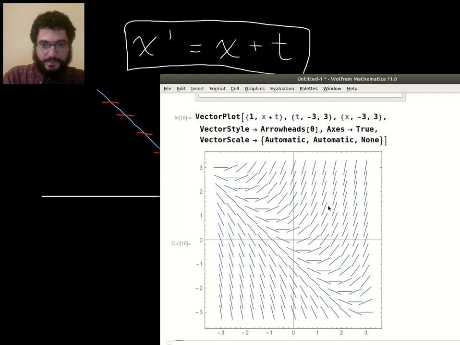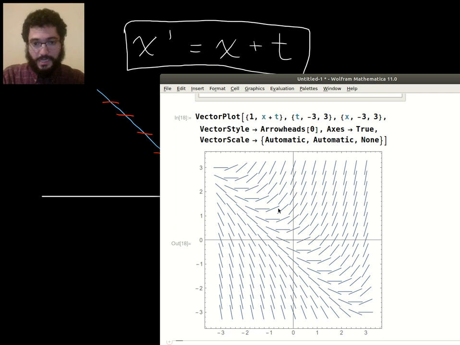At any given point tx, we have a certain x prime, which is going to be the slope of the graph of a solution in this plane. And that's what these little line segments are. If I'm going to have a solution to this differential equation, x prime equals x plus t, then whenever it touches one of these line segments, it must touch tangentially to it. So these are the slopes of the tangent line to any given solution.